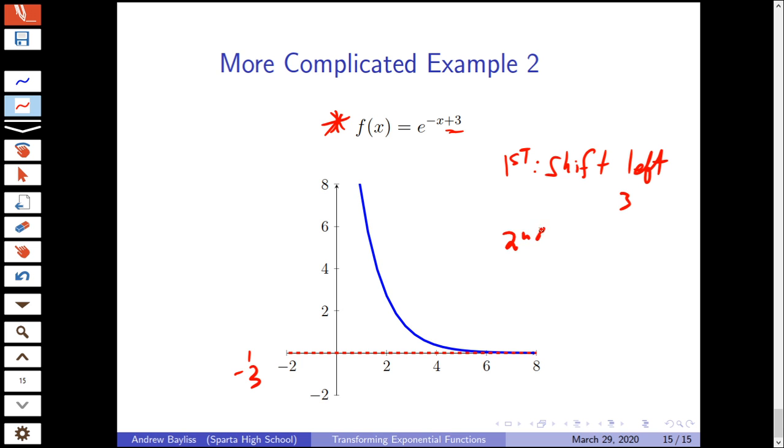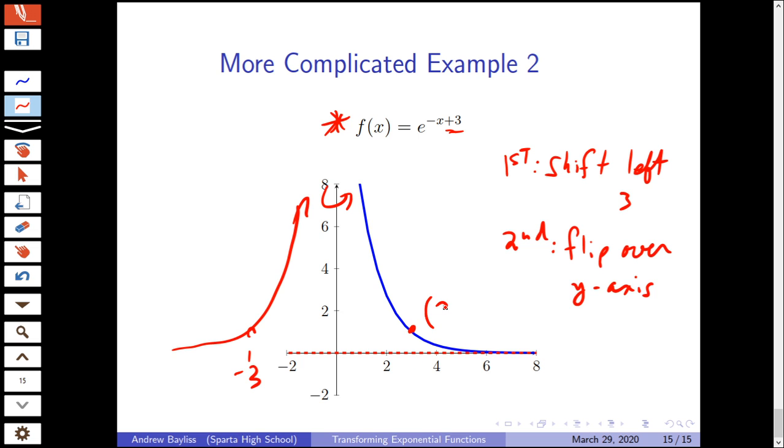And then second, flip over the y-axis. So yes, it does go to the left, but then after going to the left, being an increasing function over here, it then gets flipped over the y-axis. Boom, we end up flipped over to the right at (3, 1). And we have this decreasing exponential function.